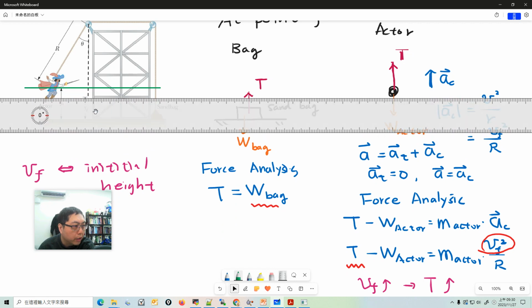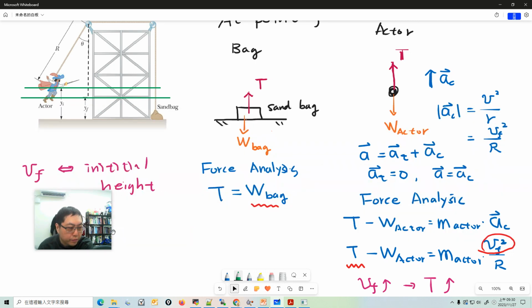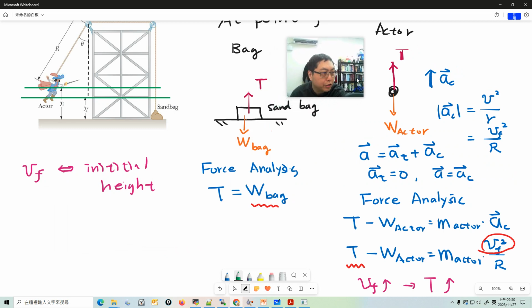This point is I, and this is F here. After clear observation, there is a height difference here. The initial position is much higher.